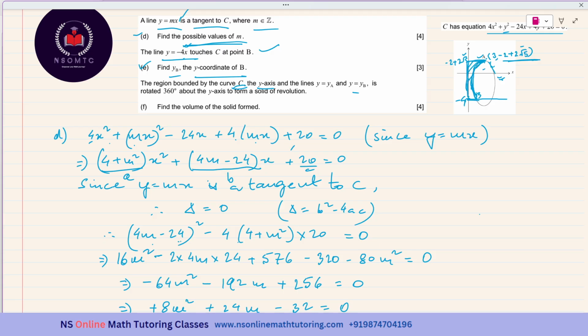So, this is the area. Okay. And this is rotated 360 degrees about the y-axis to form a solid of revolution. Subpart F's question is find the volume of the solid formed.